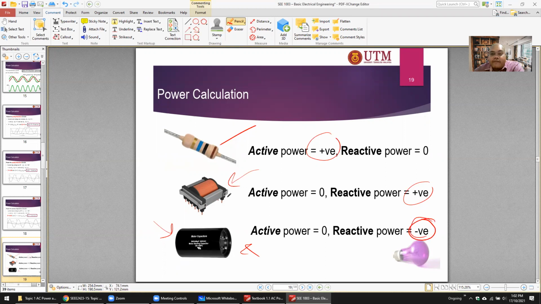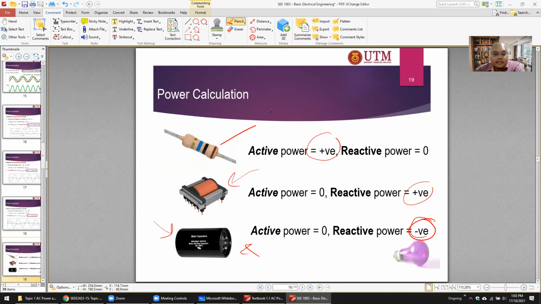So for example, if you have an inductor inside your circuit, you have to supply a lot of reactive power, you have to supply Q into the circuit. But if you put a capacitor inside the circuit, the reactive power will be gone, because the capacitor will supply the reactive power.